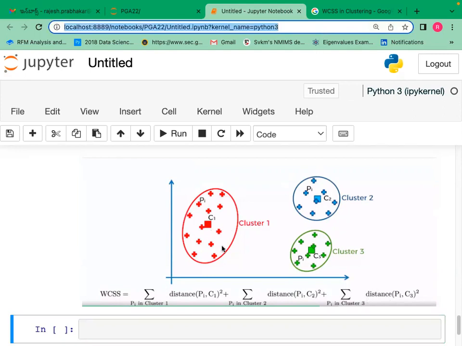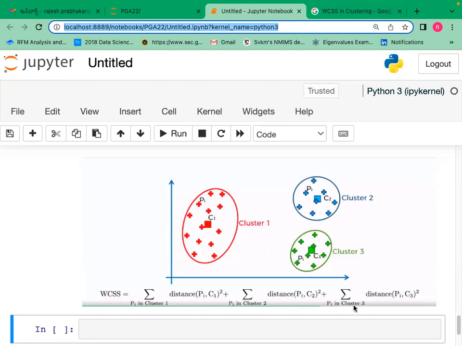Within each cluster, it calculates this variance, and then it adds up all of these. P_i means point, and the variance is the whole square. The distance is Euclidean distance or Manhattan distance or any distance.